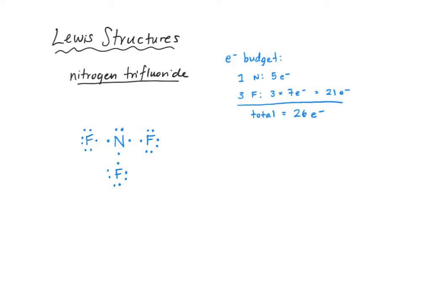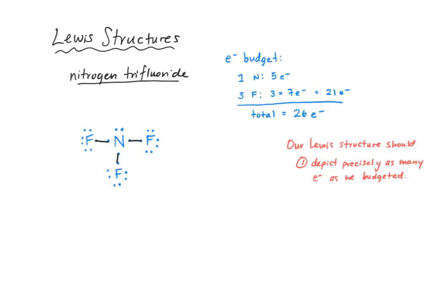From this layout, I'm going to start connecting lines. I'll connect unpaired electrons with straight lines that represent bonds between the central atom and the peripheral fluorines. At this point, after I've connected all unpaired dots, 2 things should happen. For one, we expect that all 26 electrons from our electron budget are depicted in this structure.